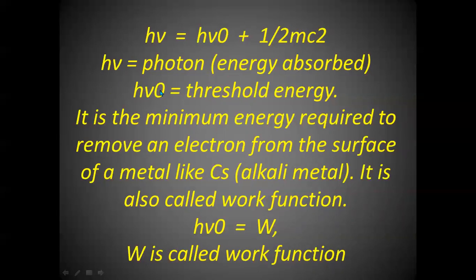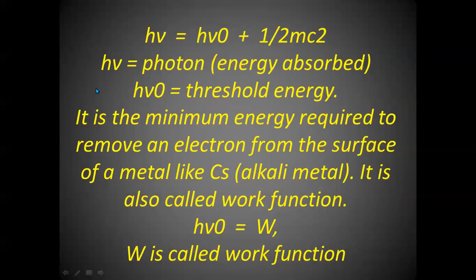Both the photons will have a certain amount of energy, but as this is incident, it will contain more energy, and this will contain less energy. This is called threshold energy. What is threshold energy? This photon should possess at least this minimum energy so that the electrons are ejected from the surface of the metal.